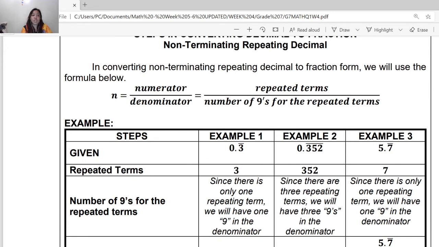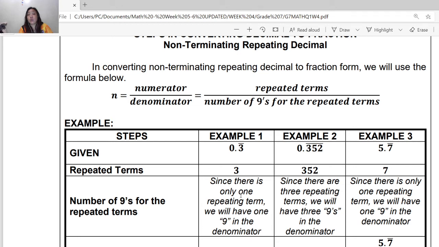Another one: in converting non-terminating repeating decimals to fraction form, we will use the formula below. We have the repeated terms, and the number of 9s for the repeated terms. What is our given? 0.3 with 3 repeating. So the repeated term is 3.